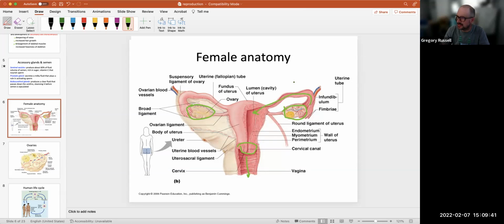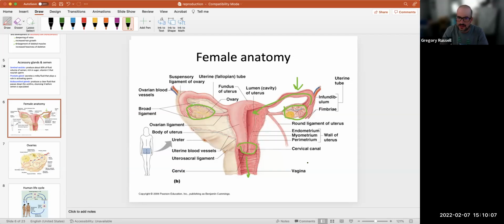Okay. We'll talk about it in a little bit. More often than not, fertilization occurs approximately here in the fallopian tube. But eventually the embryo would make it down to the uterus. Okay.